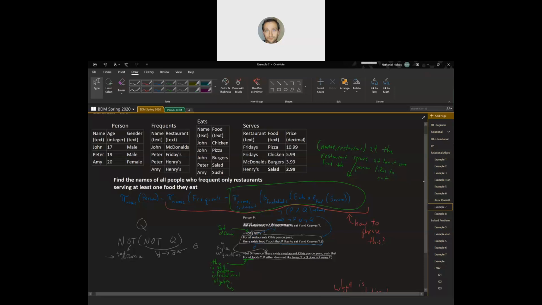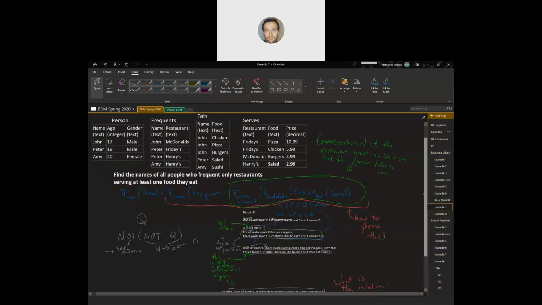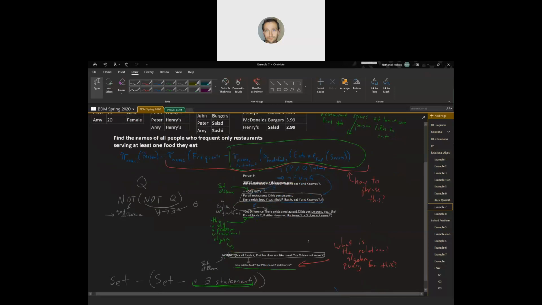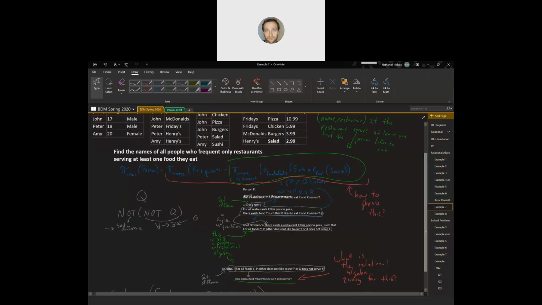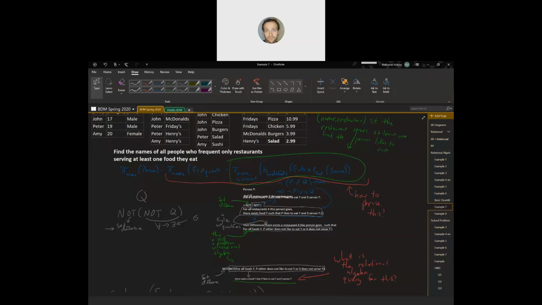To me, this is a very, very tricky kind of query. And again, this is why I spent a whole class trying to go over this hopefully systematic way to derive this. But yeah, so there's restaurants that people frequent, restaurants that people go to. And from that set, you're taking away the people who go to restaurants that serve something they like. So what remains?